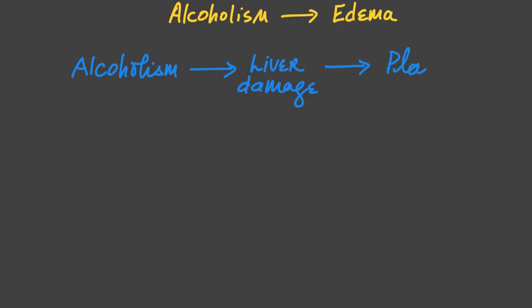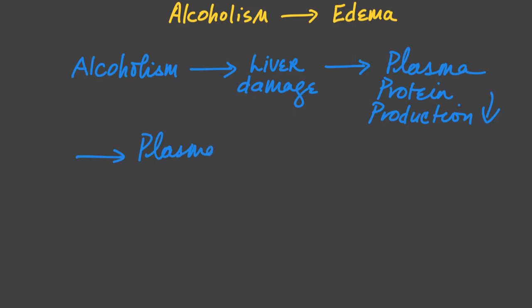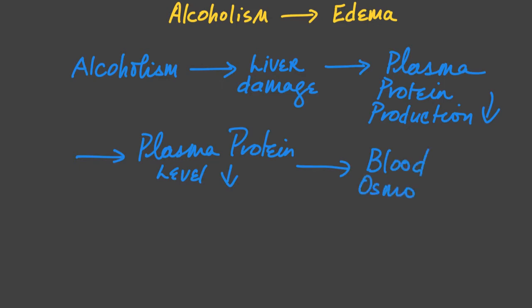So alcoholism causes liver damage, and as a result, plasma protein production goes down. And therefore, plasma protein levels go down. We've just learned that plasma protein levels have a lot to do with blood osmolarity. So blood osmolarity goes down.